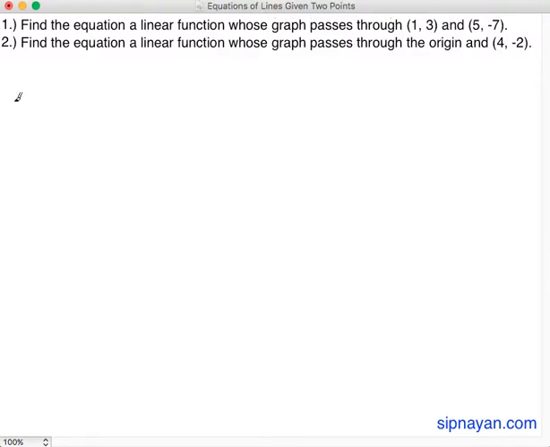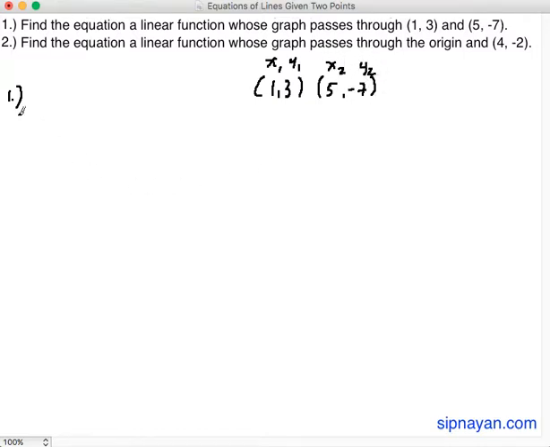So number 1, meron tayong 1, 3, tsaka 5, negative 7. Yung ating coordinates ng ating dalawang points. We have 1, 3, and we have 5, negative 7. So, pwede nating i-label itong dalawang points na ito: x sub 1, y sub 1, and then x sub 2, and y sub 2.